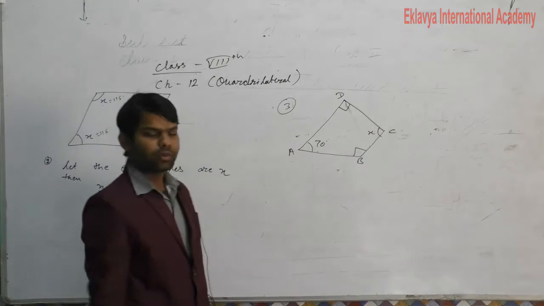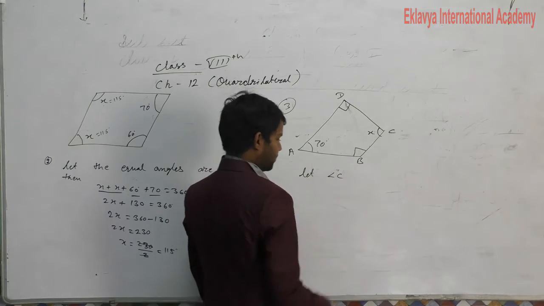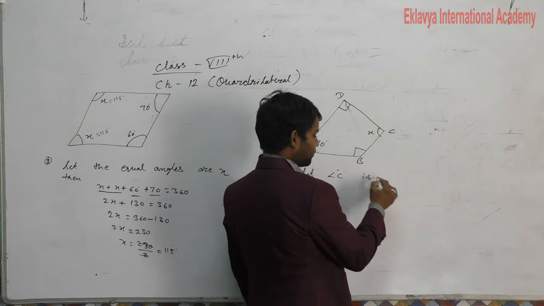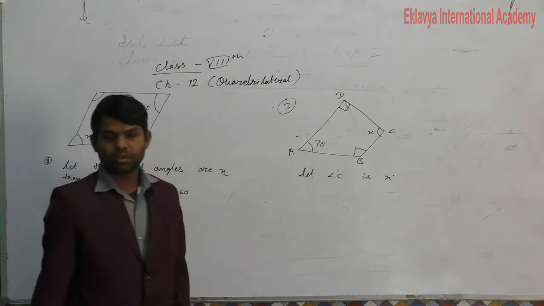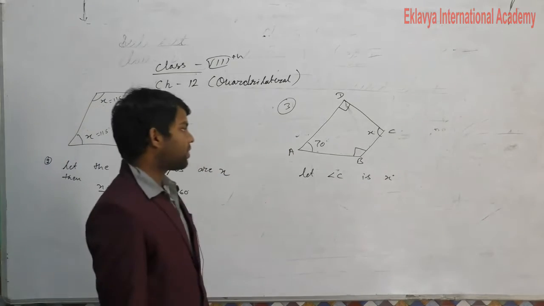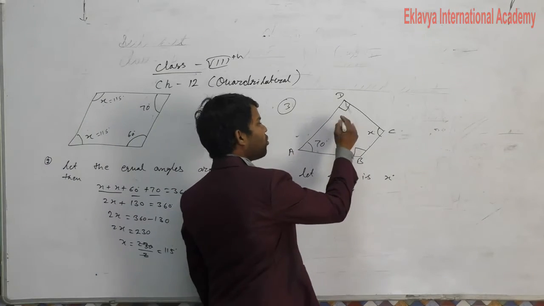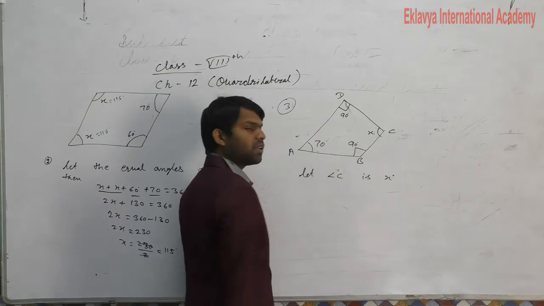Let us assume angle C is x degrees. We assume here angle C is x degrees, and with these notations the value here is always 90 degrees.